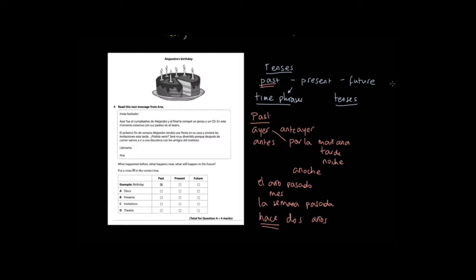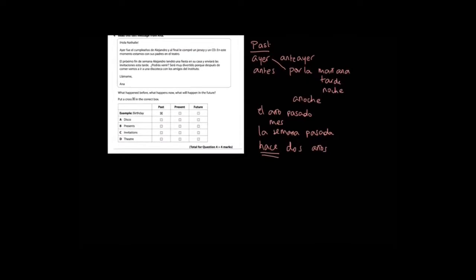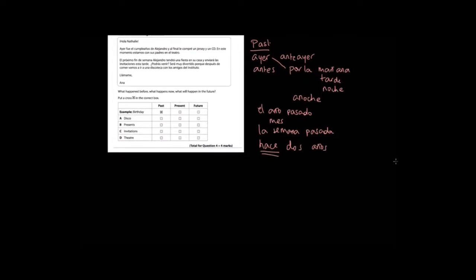So hace 2 años, hace 3 días, etc. And I think that's probably most of the most common expressions you're going to come across when something happened before, okay, in the past.